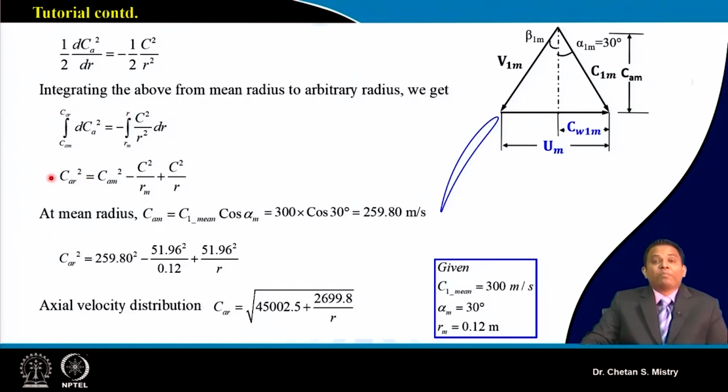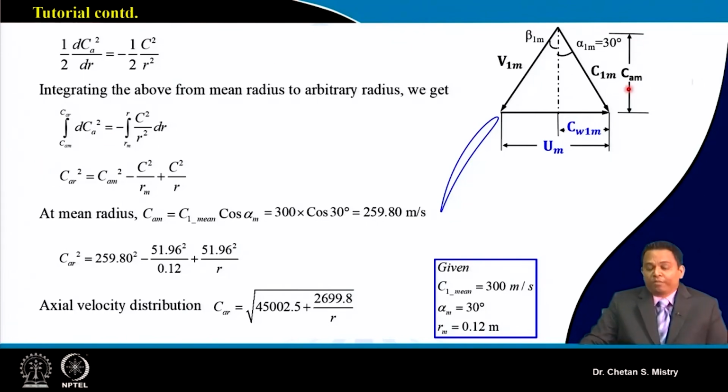So, that is what is giving me my axial velocity at any radial location as say c square at mid station minus c square by rm plus c square by r. Now, here in this case we are not having any information about axial velocity at the mid station.